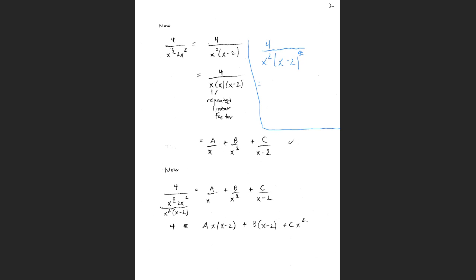Okay? That would be equal to a over x plus b over x squared plus c over x minus 2 plus d over x minus 2 quantity squared. All right, Jacob, is that good? Yes, thank you so much.